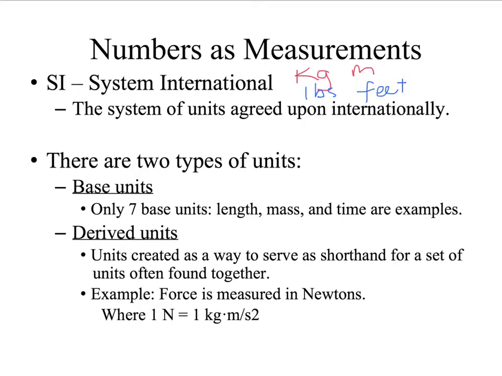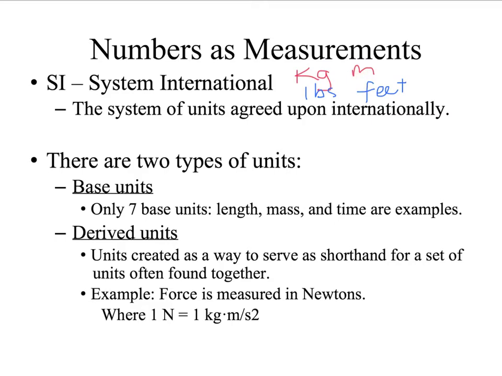Okay. And it's called System International because internationally, with the exception of the U.S., everybody has agreed to use these units, but scientists in the U.S. do use these metric units as well.